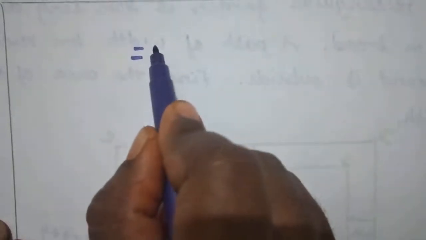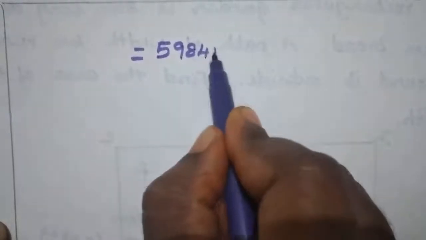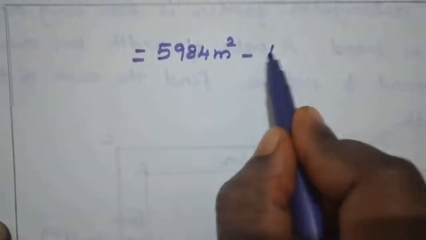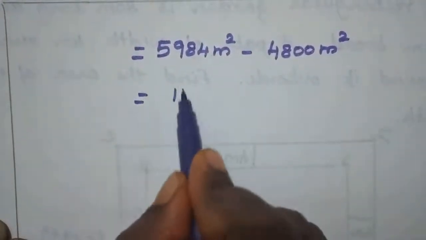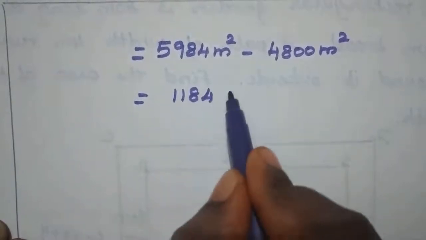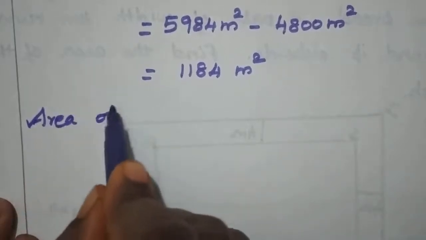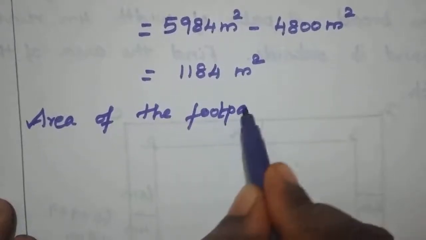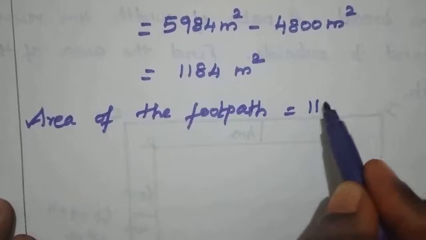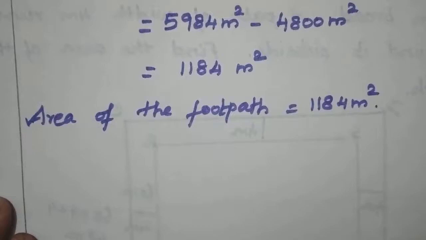Which is equal to, the outer rectangle area is 5984 meter square and the area of the inner rectangle is 4800 meter square. So when you subtract these two numbers, you will get the answer as 1184 meter square. So area of the footpath is equal to 1184 meter square. Is it clear, children? Yes.